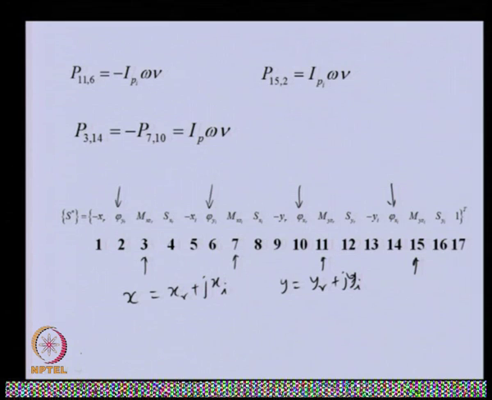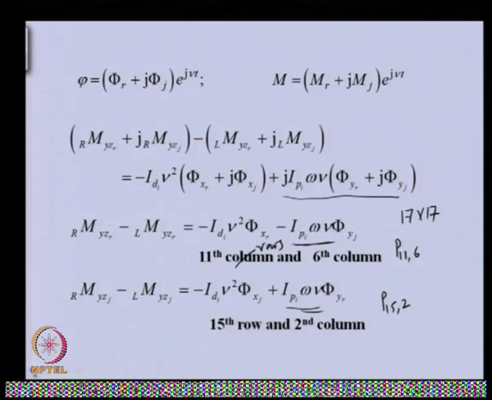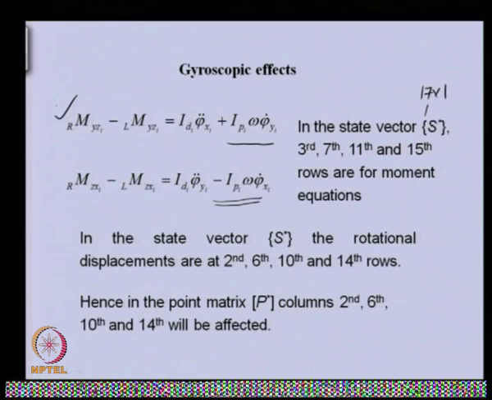I have rewritten it again here. So, in the 11th row and 6th column this term will be coming, and in the 15th row and second column will be this. These two are coming from these two equations, which in turn are coming from the first equation. So, because of this we got two additional terms in the point matrix.